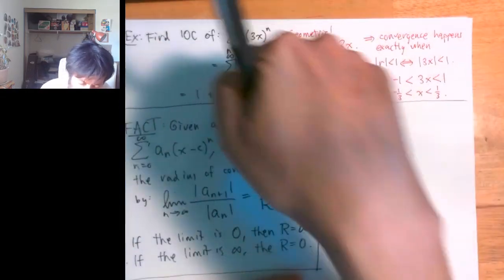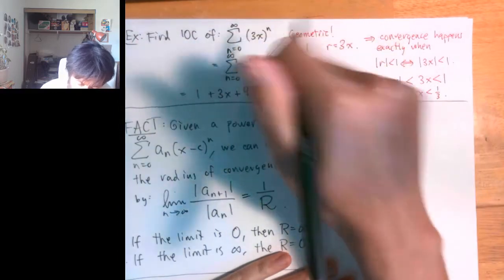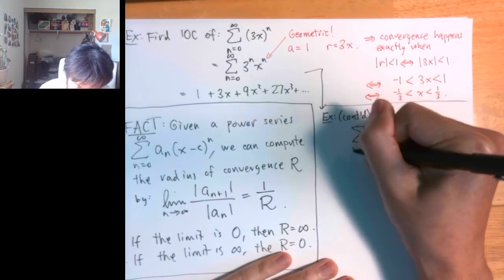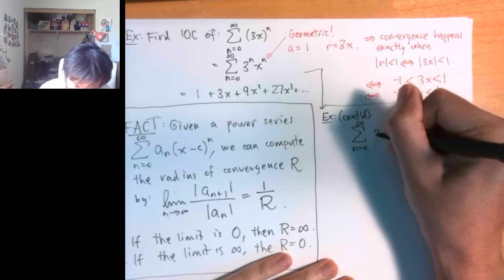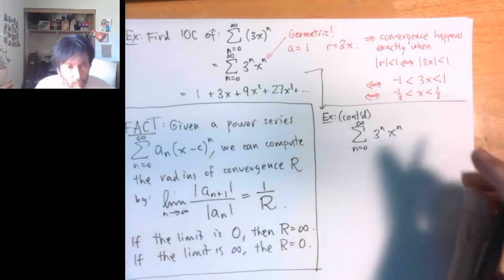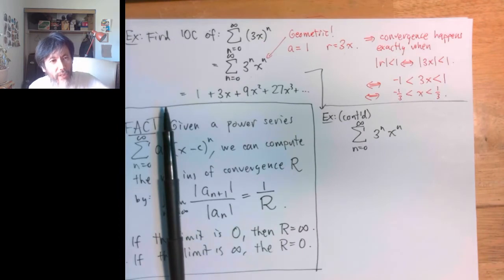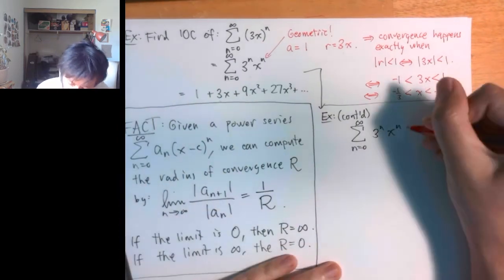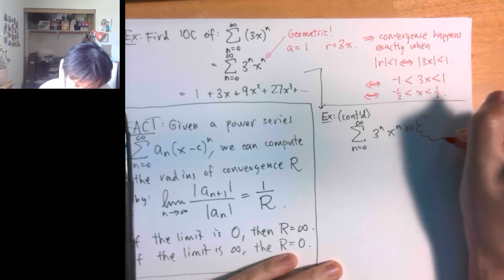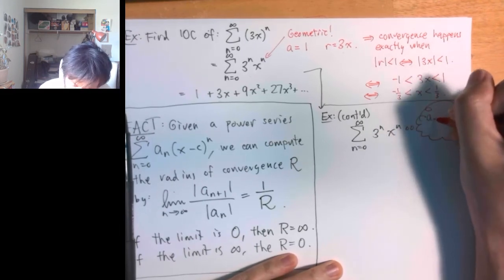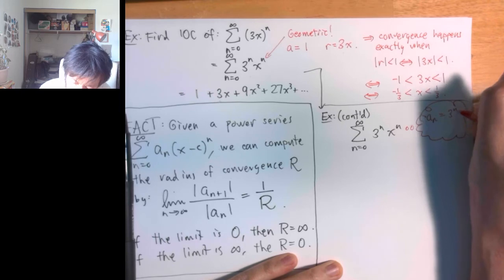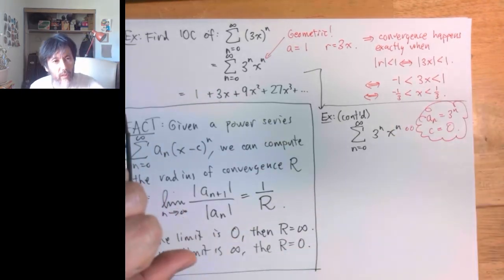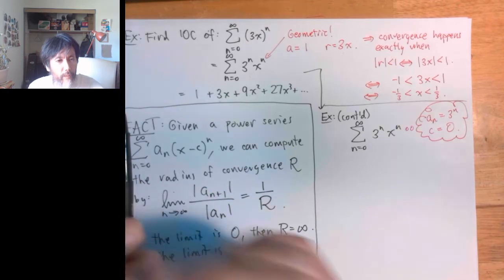Remember, we rewrote this series as the sum from n equals 0 to infinity of 3 to the n times x to the n. So what's playing the role of a sub n here is 3 to the n, and what's playing the role of c here is 0. It's centered at 0, and the coefficients are 3 to the n.